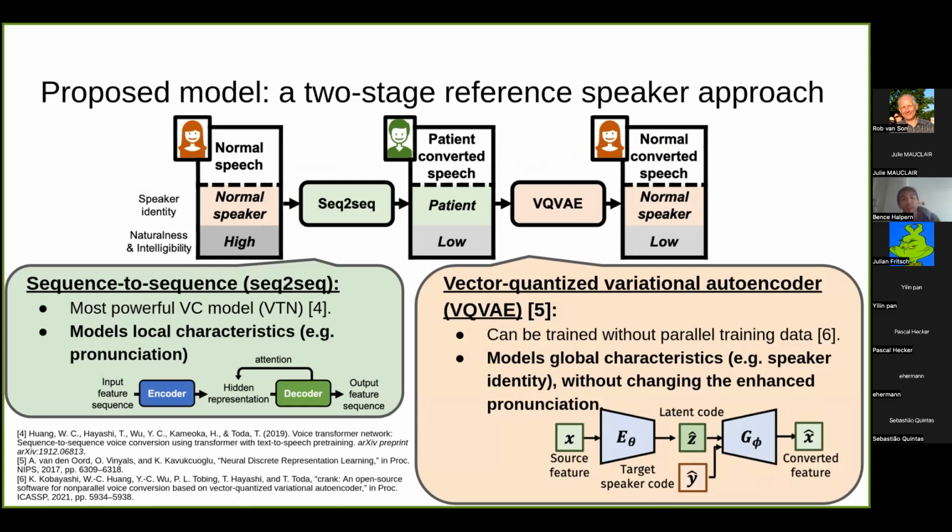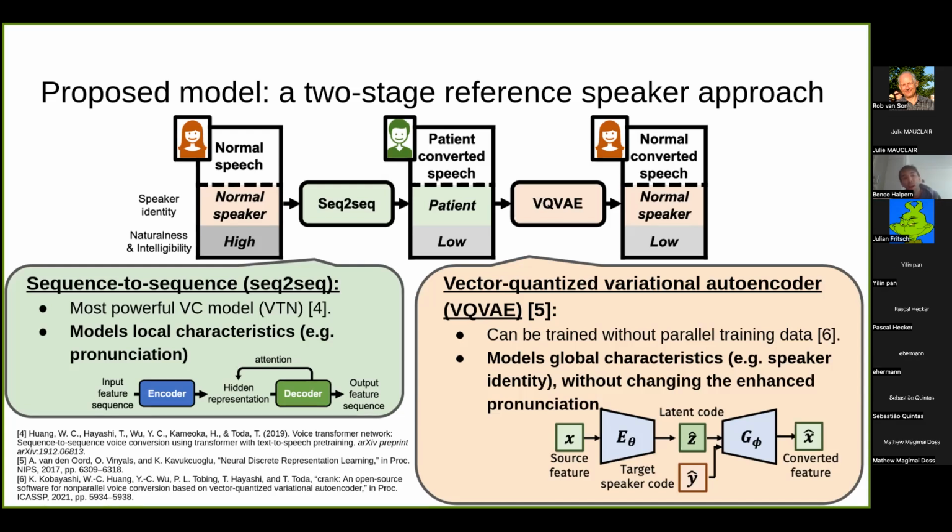And what we do basically is in the first stage, we use a sequence-to-sequence model, the voice transformer network. In that stage, we feed a healthy utterance as input, and we get a pathological utterance in the speech of a model speaker, which can be set up in a parallel way. And because it's set up in a parallel way, it can give better naturalness results.